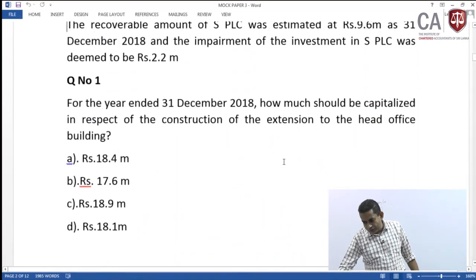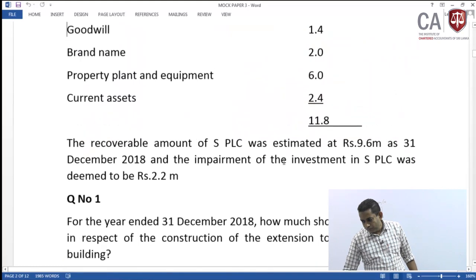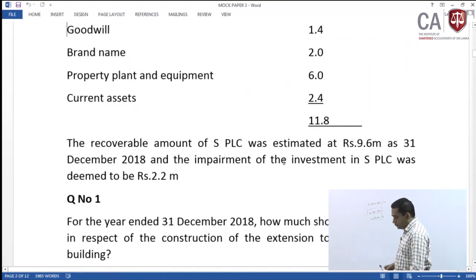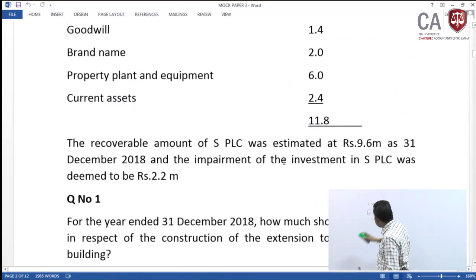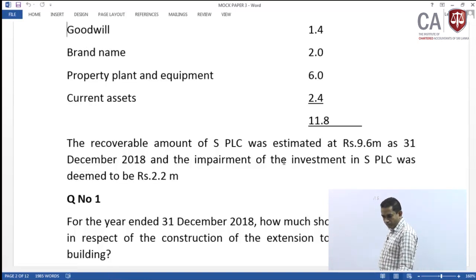The first 5 questions are based on that. Now, the carrying value of the CGU is 11.8 million. Recoverable amount is given as 9.6.